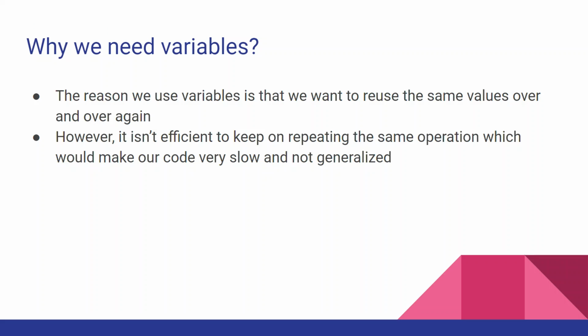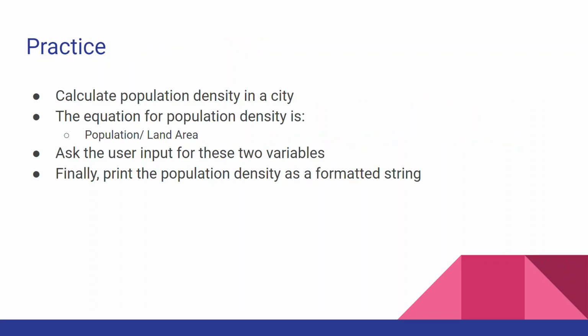Would it make sense to keep on writing out this whole long string when you could just store it inside of a small variable such as var and then call it whenever necessary? As a result, it's much more efficient, but also makes it so that you don't have too much repetition and keeps it organized.